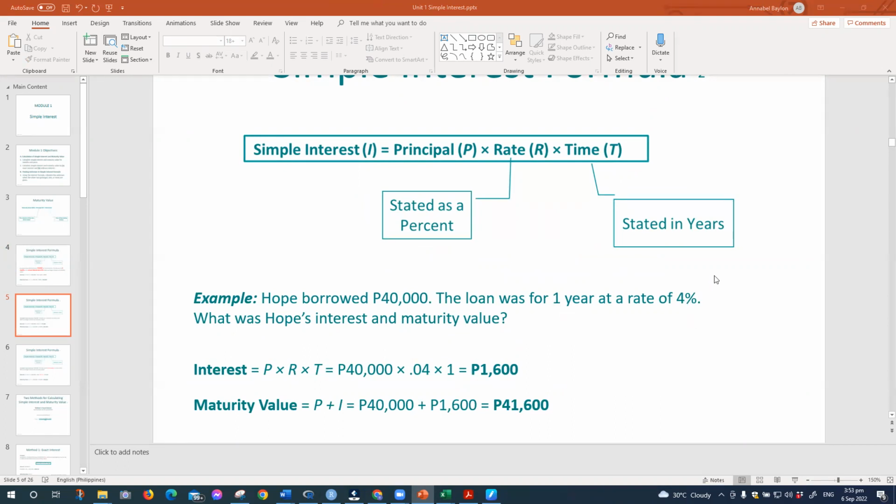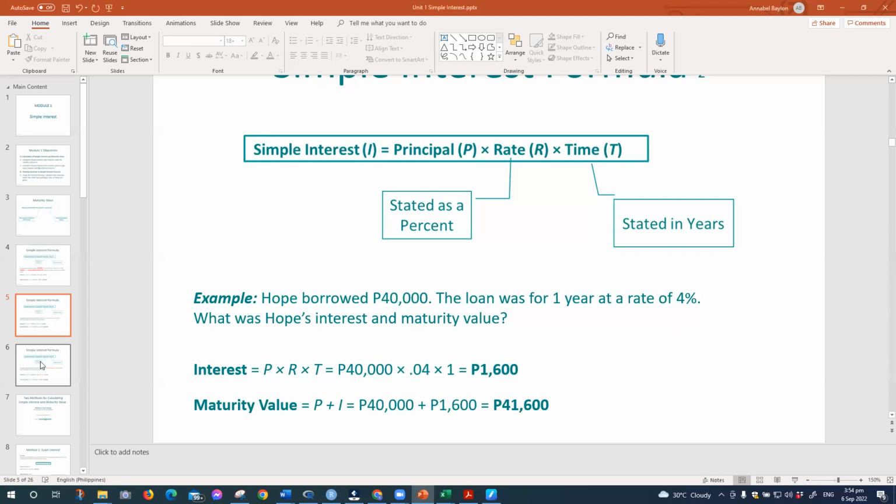The rate is yearly. So we can now multiply, straightforward. 40,000 the principal, the rate is 0.04, and then the time is 1. So that's 1,600. Okay, so your maturity value is 41,600. All right. So very simple, very straightforward.